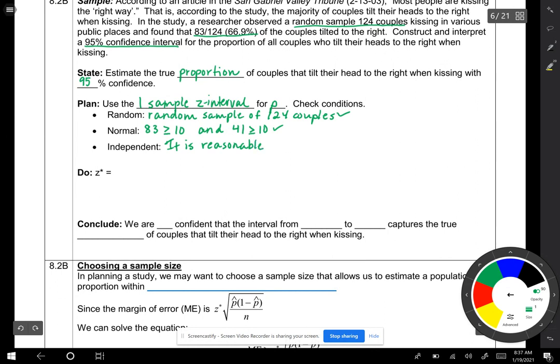So you have to meet the 10% condition. So it's reasonable to assume that there are more than 1,240 couples who kiss in public.